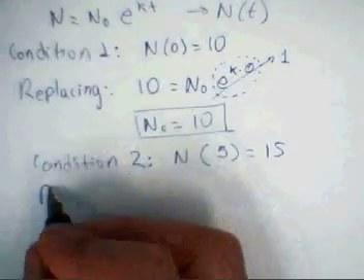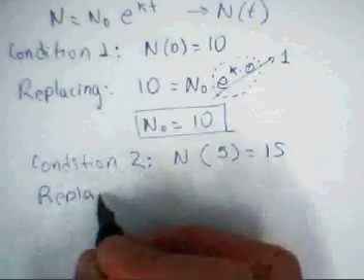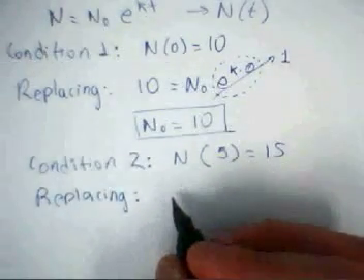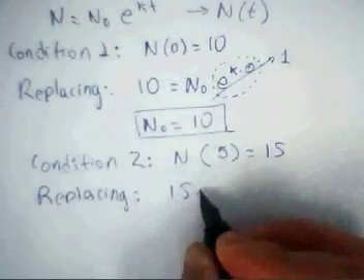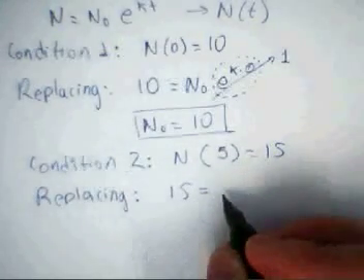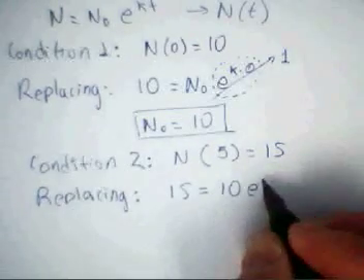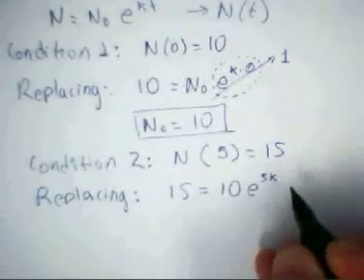So we have to replace these values again, and we obtain 15 equals 10 e to the 5k.